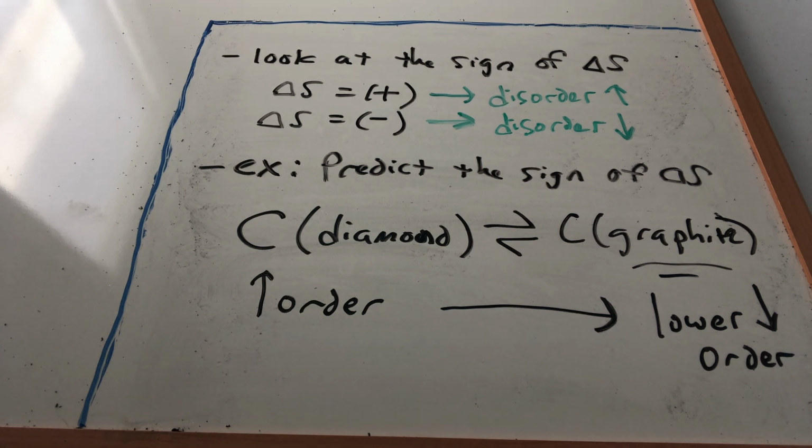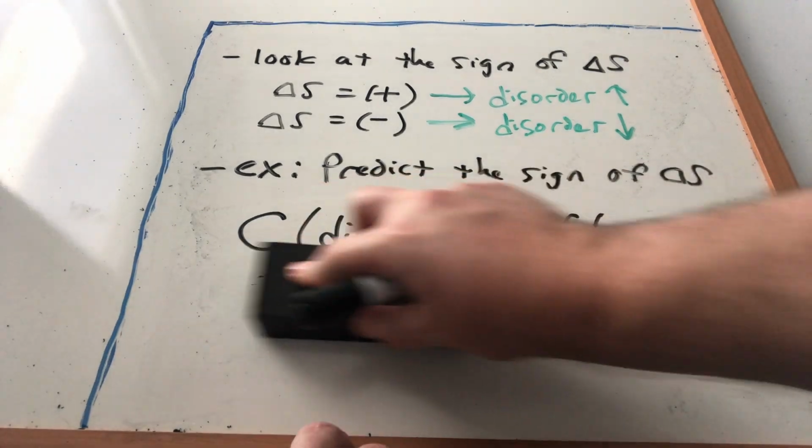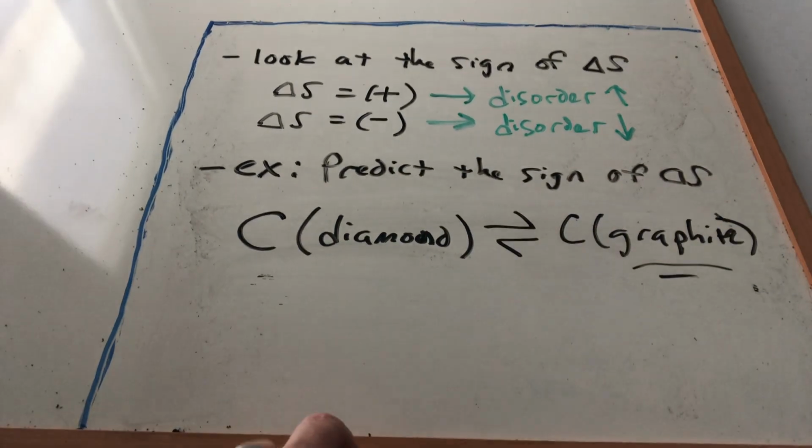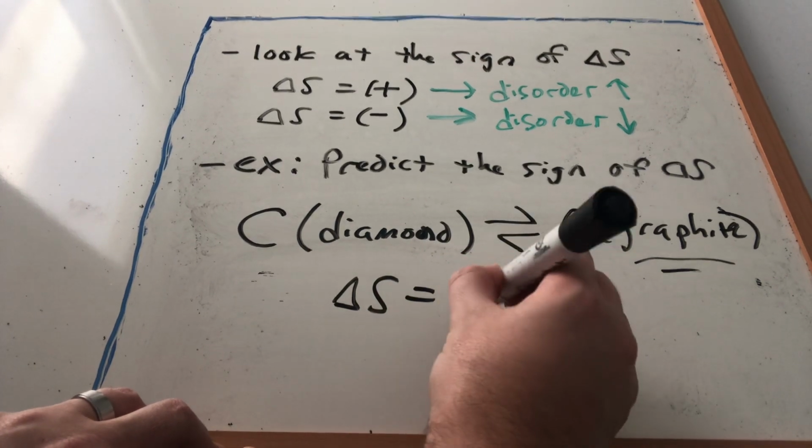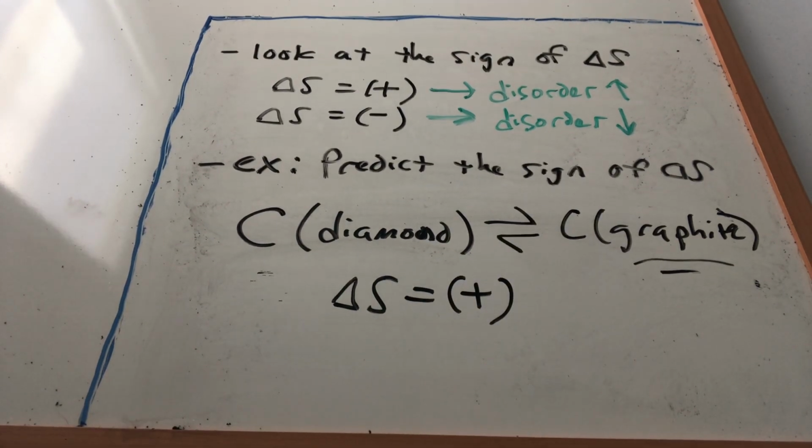So our disorder has gone up. So again, we can predict the sign of delta S even for phase changes.